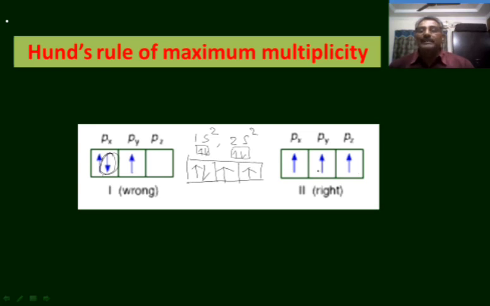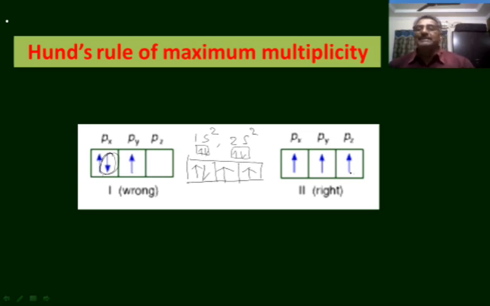This kind of filling of orbitals singly with parallel spins reduces the repulsion between the electrons. As a result, the stability of the atom will be more. That is, the spin multiplicity of the atom will be more.